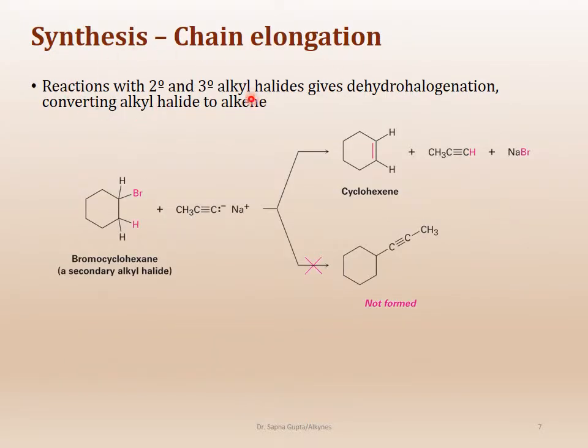However, if your alkyne is a nice small base, or even a larger one for that matter, but your substrate is a secondary halide or a tertiary halide, then we start having issues. Especially for secondary halides, you will not get substitution anymore. You will actually start getting elimination.